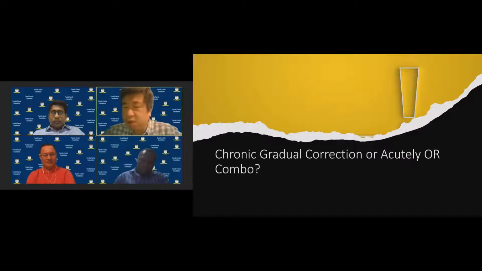So do I do a chronic gradual correction, or acute, or a combination? This one I chose to do a combo, so it's not in the literature. There are cases reported of people only doing Ilizarov to correct the cavovarus foot, or doing open acute shortening or acute multiple corrections with osteotomy or fusion.